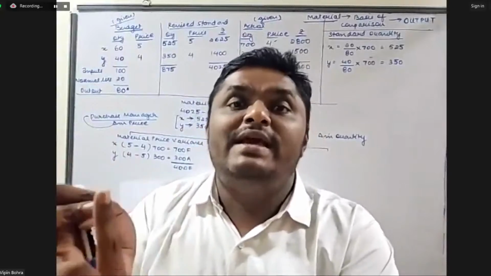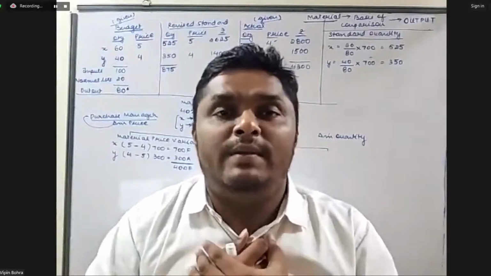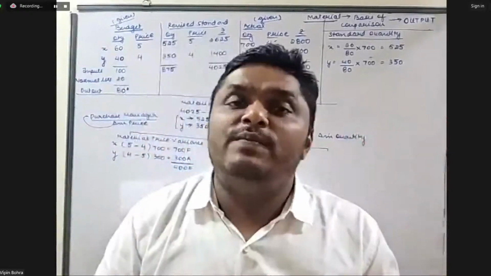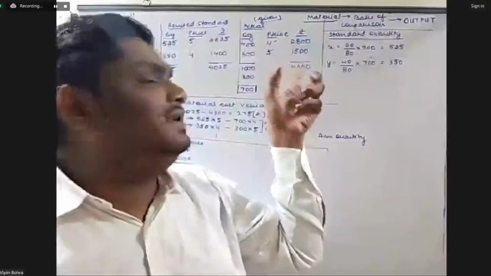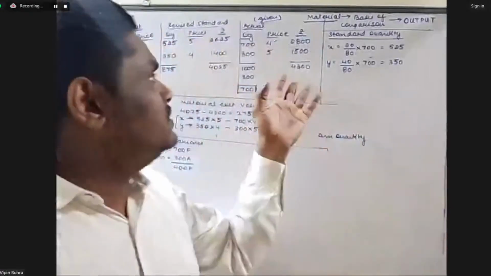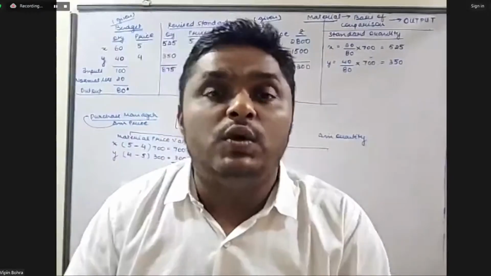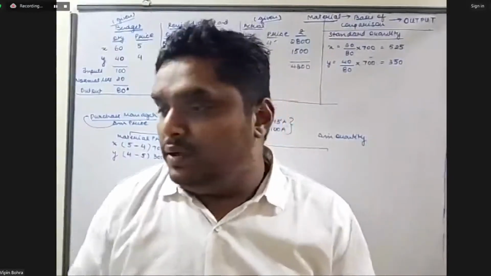The purchase manager will say that my performance should be evaluated on the basis of work done by me. Since instructed from the stores, I purchased 700 and 300. Only if the purchase manager has purchased could it be used. So that's why the material price variance is calculated using the actual quantity rather than the standard quantity.